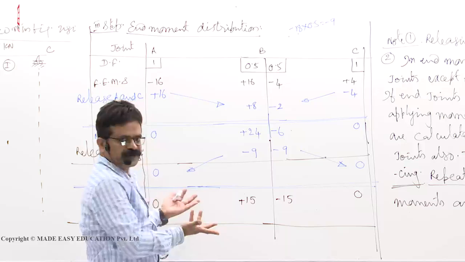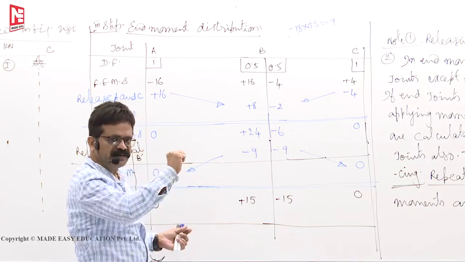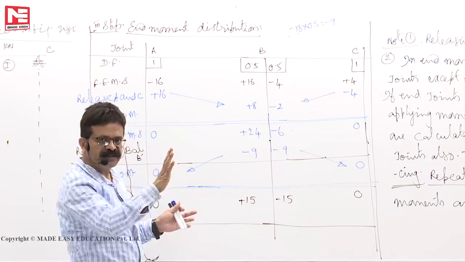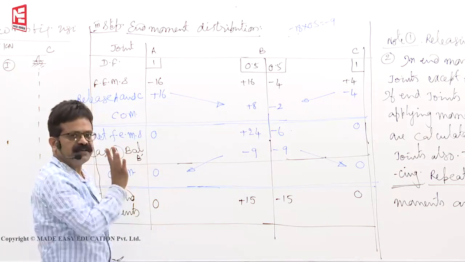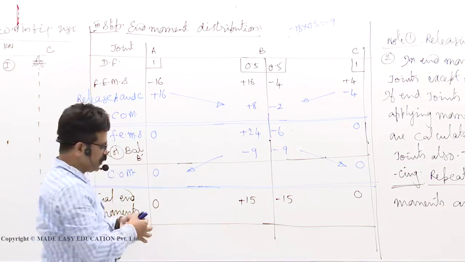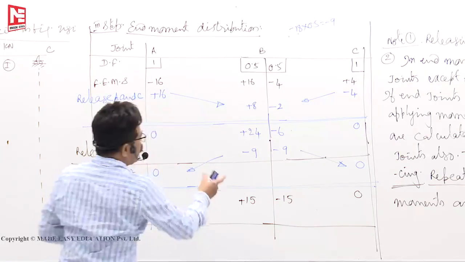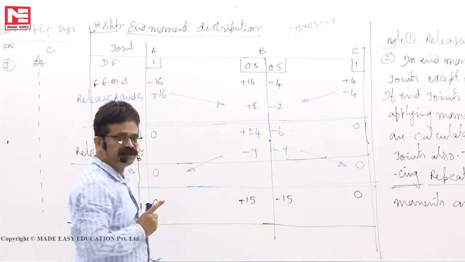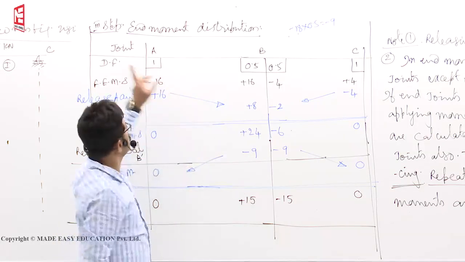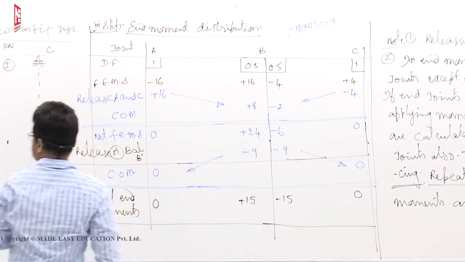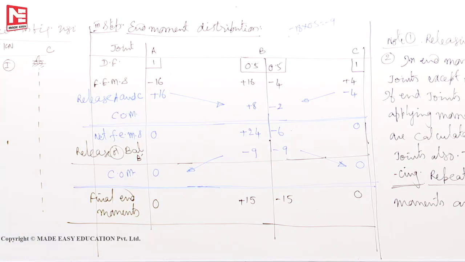Then the problem is over. You unnecessarily locked them, you unlocked all the joints, issue closed. Then what are the final end moments? That is the end moment distribution. After finding the final end moments 0, plus 15, minus 15, 0, now you must find the support reactions. That we will do in the fourth step.